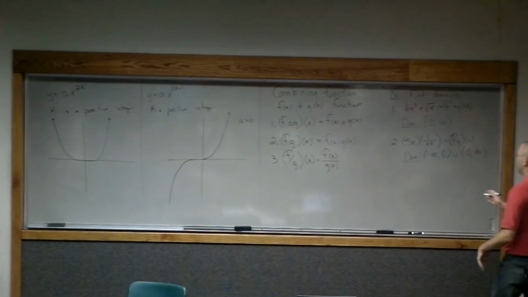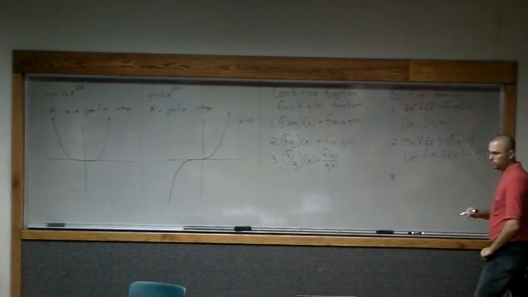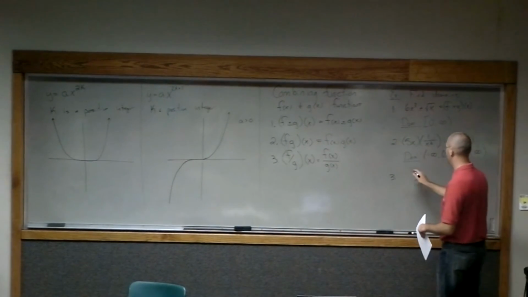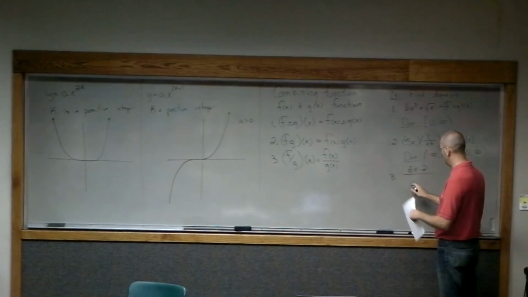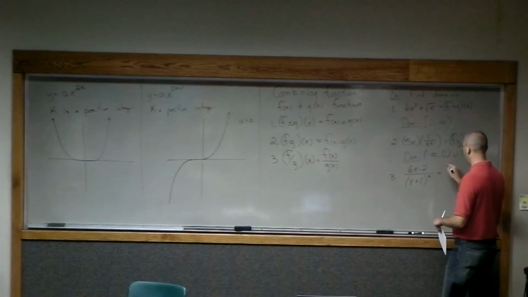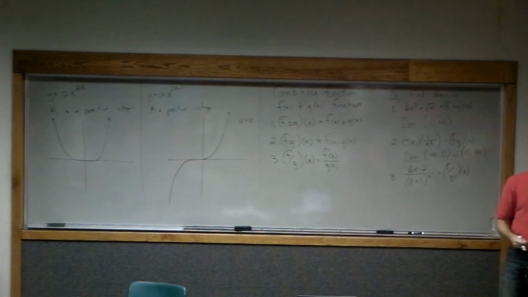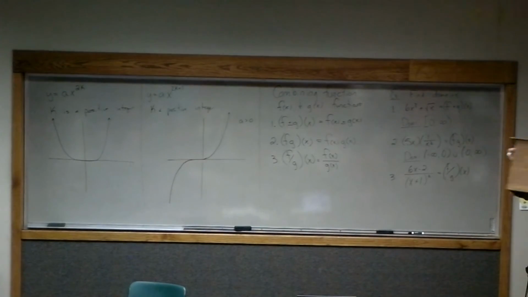All right? And finally, if we do one more, the third one. 6x minus 2 over x plus 1 squared. Here's our f divided by g. Okay. If we look at this one, if we look at the pieces individually, then what are we allowed to plug into the 6x minus 2?